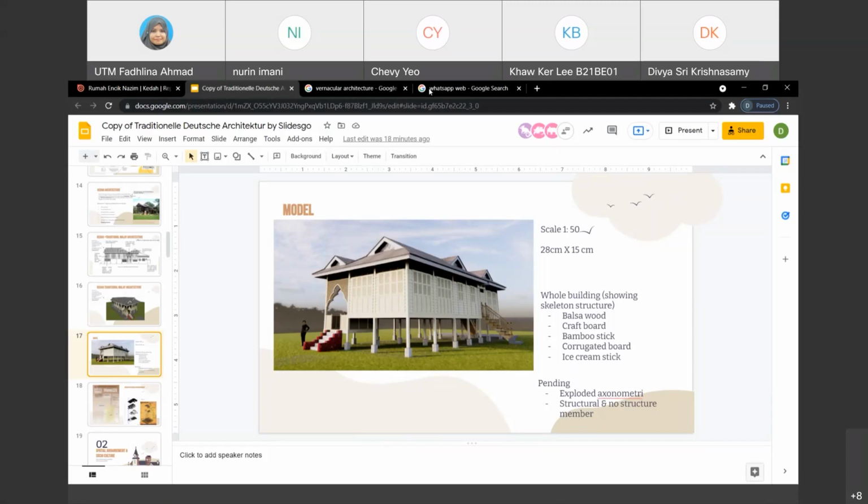Which part are they going to take? I just roughly build it, then I cut half the skeleton structure. Then the rest is the detail, the tanggam and so on for the roof. Mine is just rough. I didn't do any tanggam in my building. So you are showing the outlook of the building. Yeah. Okay, right.